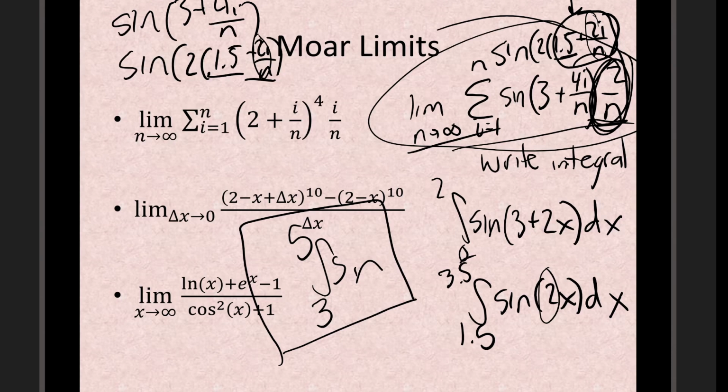Oh, how did I get 3 plus 2x originally? The way I got 3 plus 2x is this is 3 plus 2 times 2i over n, which would have been just normal x. So the fact that 4 is double 2 is how I got the 2x, and the 3 just comes along for the ride.